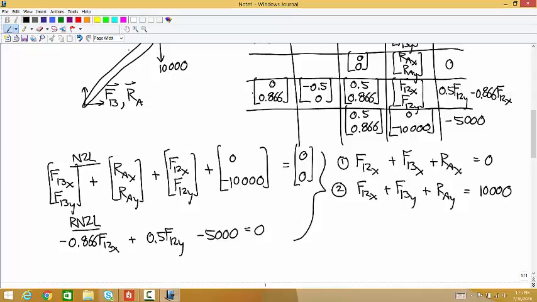And the third one says negative 0.866 F12x plus 0.5 F12y equals 5,000.